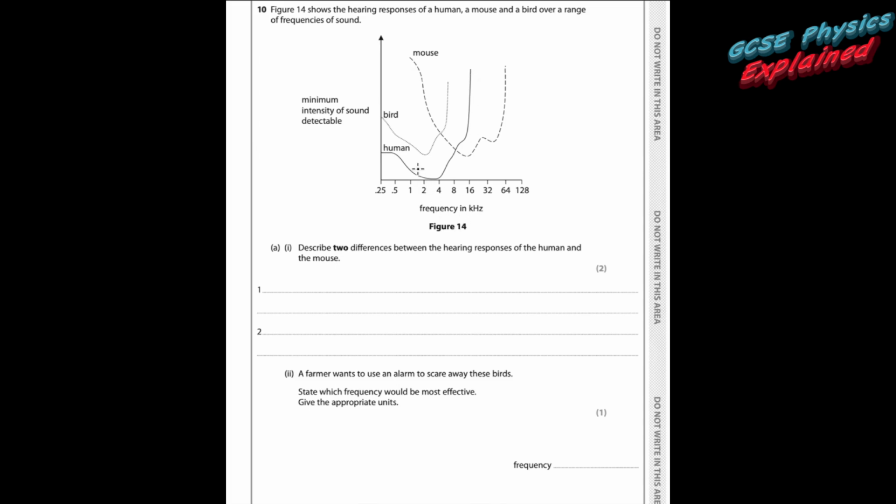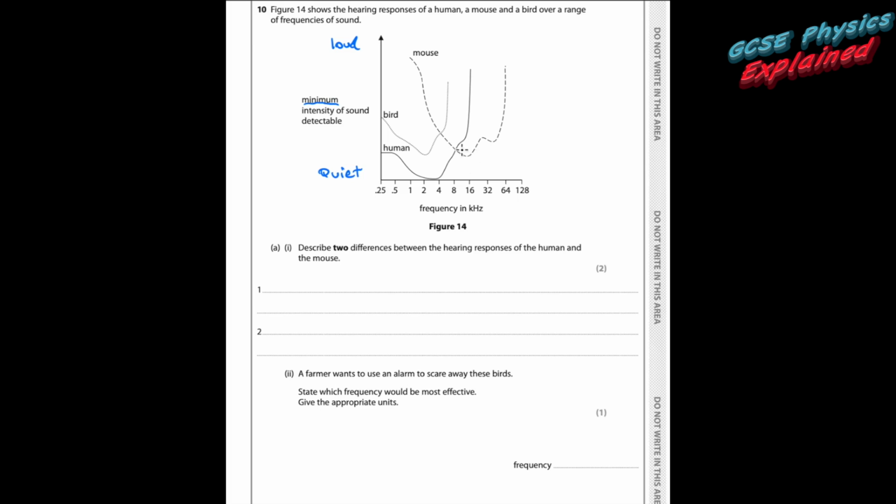So the first thing is the human, a lot of stuff is happening at lower frequencies compared to the mouse's hearing. And if we look at the minimum intensity of sound detectable, the humans have got more sensitive hearing, because down here means it's quiet and up there means it's loud.